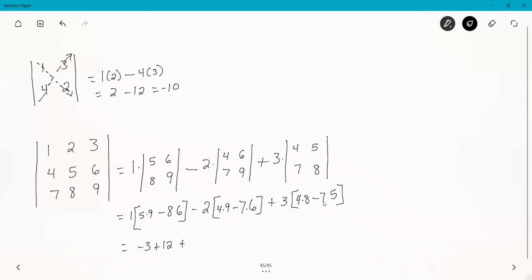Hold on, let me make sure I'm doing this right. 32 minus 35. And that's going to be multiplied by 3. 3 times negative 3, so this should be plus a negative 9. Is that right? Okay. So this is negative 3, a negative 9 is a negative 12 plus 12 gives me 0. Okay. And that just happened to work out because we did 1, 2, 3, 4, 5, 6, 7, 8, 9. I could have chosen different numbers and done that as well.